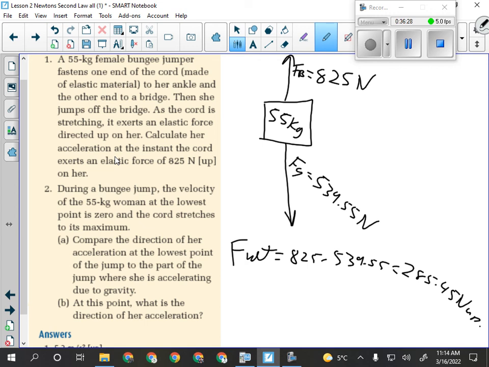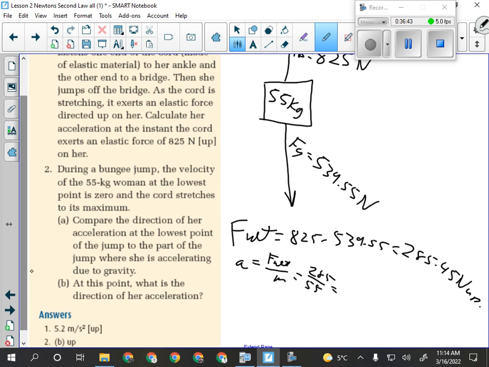So what's her acceleration? Well, acceleration is F net divided by mass. So this is a pretty basic elevator type question. We take our 285 and divide it by 55, and we should get 5.2 meters per second squared up. Everybody all right with that?